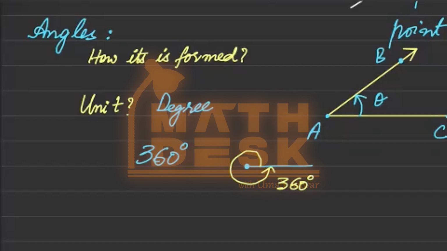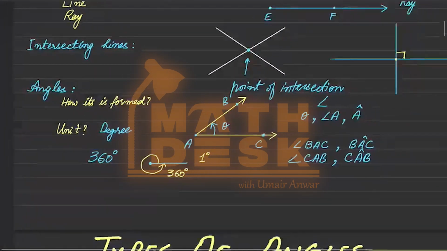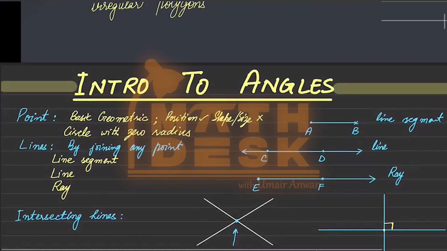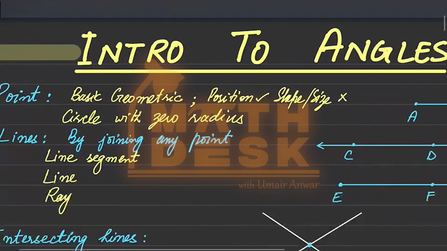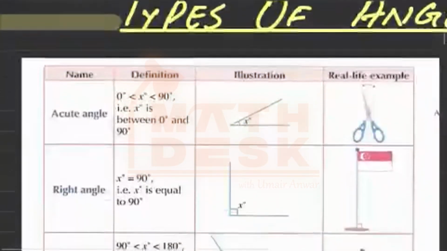So the angle of a circle becomes 360, and one unit would be 1 upon 360, or simply we call it 1 degree if we divide the circle into 360 equal parts. So this was the basic introduction of the point, of the line, intersecting lines, and then how the angle is formed. Now let's move on to the next thing.